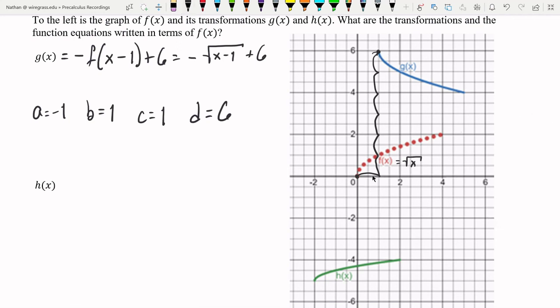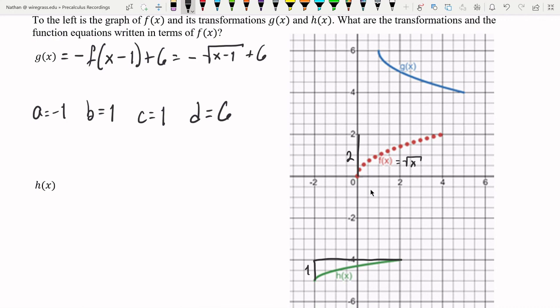All right, let's look at h now. So same idea, it was 2 up, 4 over. This one is now 1 up, 1, 2, 3, 4 over. So we can see that this was 2, it's been compressed vertically by a factor of 2, right? It's been compressed down to 1/2 its size.